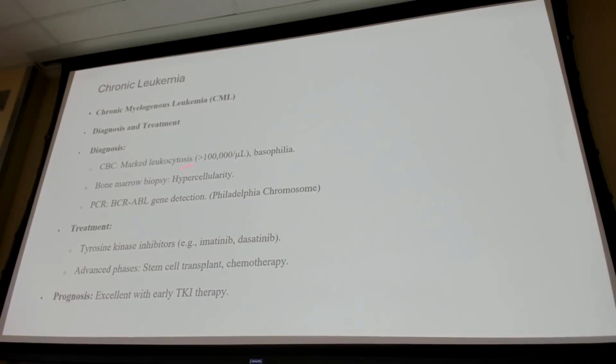And we said what this gene does, the Philadelphia chromosome, is it turns on this tyrosine kinase, which tells the cell, go forth and divide, multiply. So your treatment, tyrosine kinase inhibitor. Prognosis, excellent with TKI therapy.